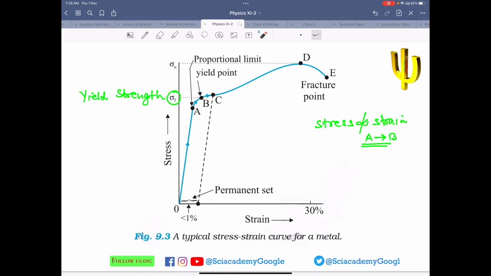The portion of this curve between B and D, where C is just a particular, random point, is where a small change in the stress produces a larger change in the strain. This portion between B and D can be visualized when the load is removed.